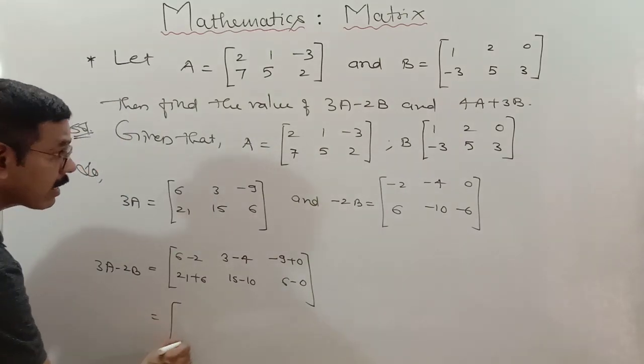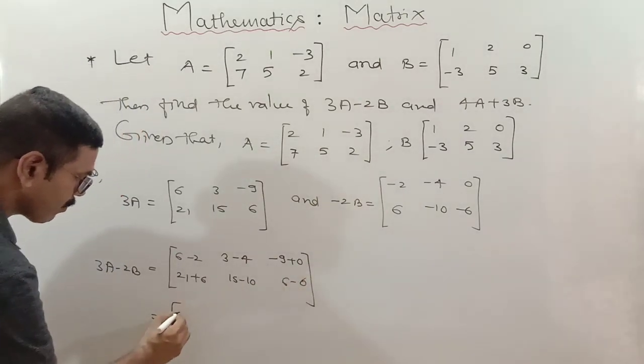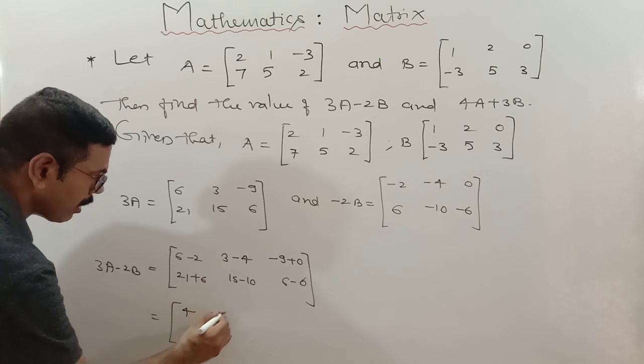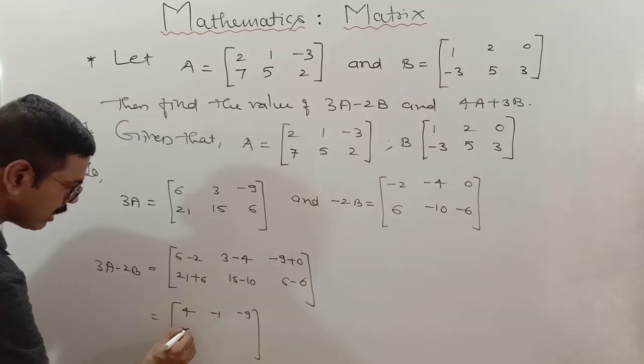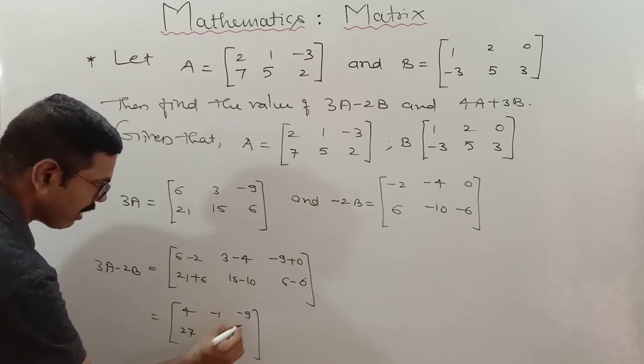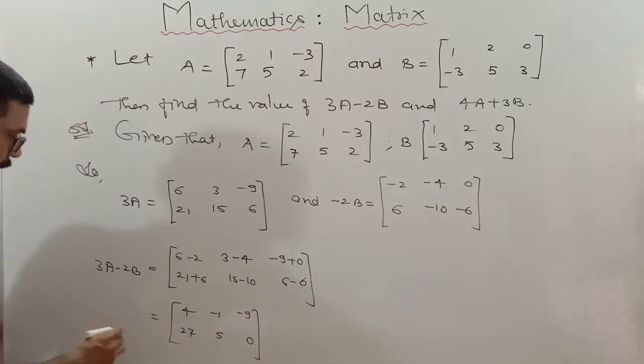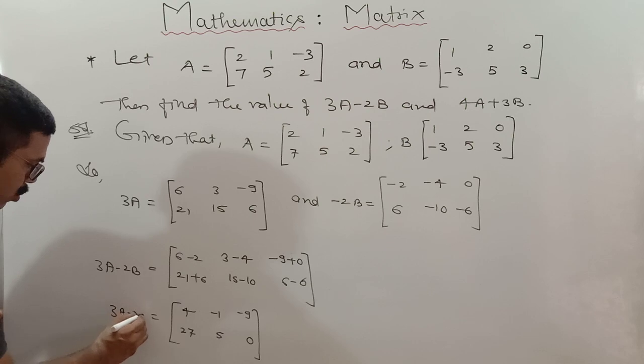Now we are just solving, 6 minus 6, sorry. So 4, now minus 1, minus 9 and 27 and 5 and 0. This is the value of 3A minus 2B.